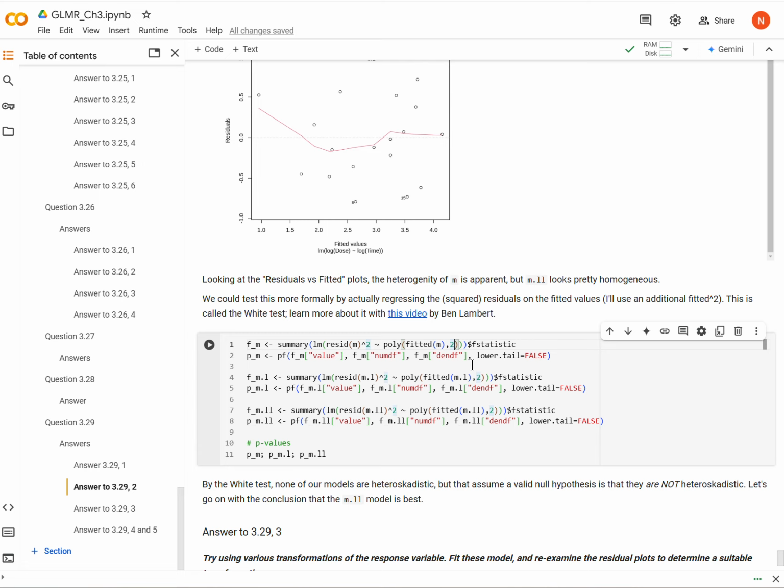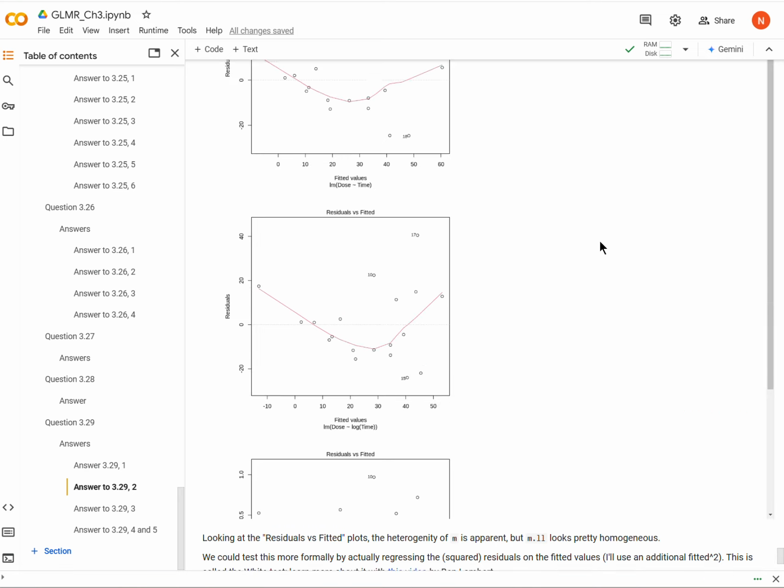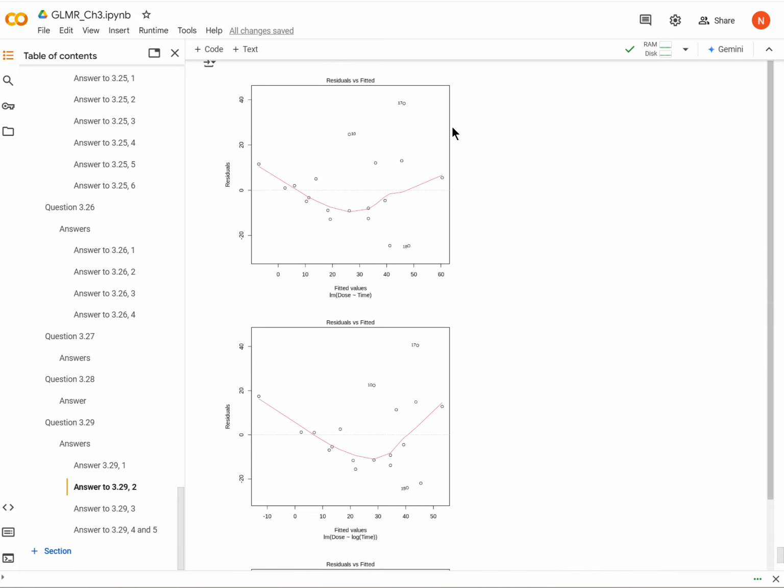But why are we using some kind of polynomial function here? Now you don't have to, but the reason is because our assumption says that for any value of our predictor variables, or any combination of our predictor variables, here there's just one, but we could have many, that variance is basically a random draw.